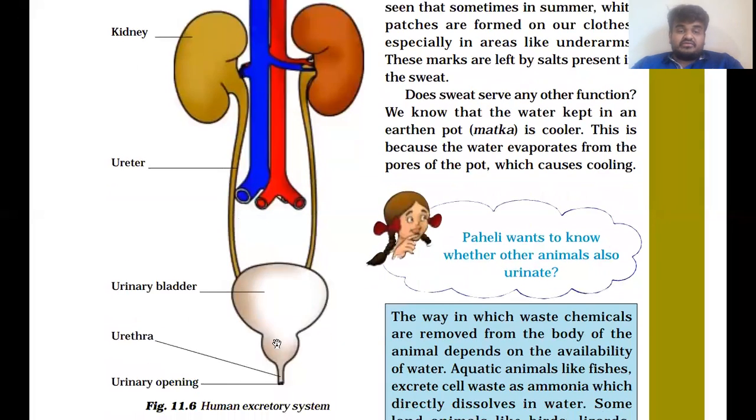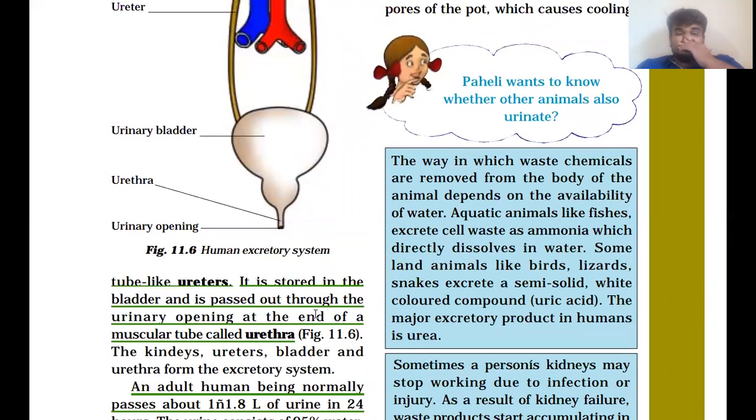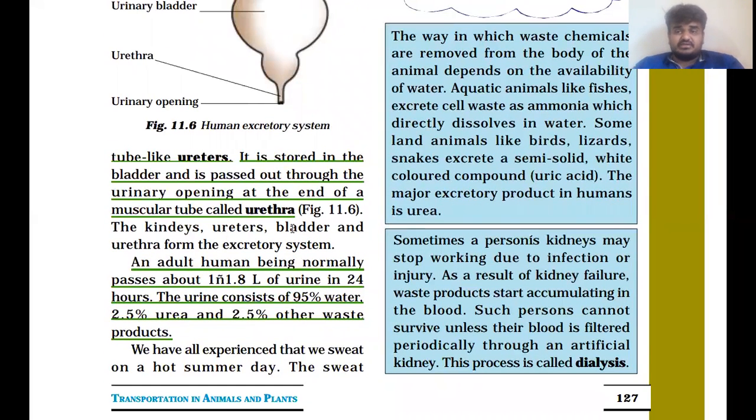And after that, the urine is stored in the bladder and is passed out through the urinary opening at the end of a muscular tube called the urethra. So from this urethra, it will go to the urinary opening and be removed from the body. So that's the process simply.